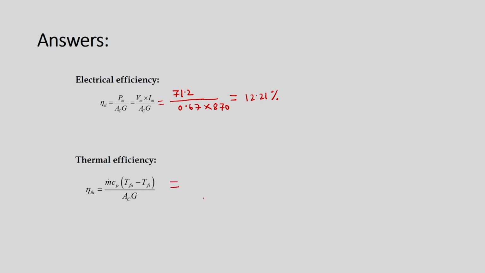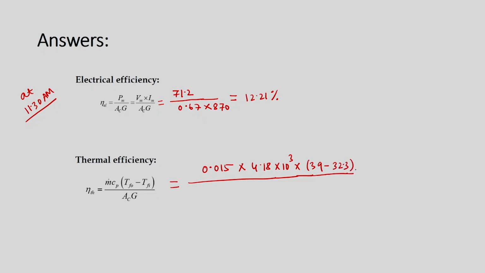Okay. So, the next case what we will do, we will calculate the thermal efficiency. Okay. So, this is at 11:30 a.m. Okay. So, mass flow rate is given as 0.015 multiplied by CP value is 4.18 into 10 cube multiplied by, we will have 39 is the TFO and 32.3 is the TFI, okay, inlet fluid temperature, and area is 0.67 and Z is 870.